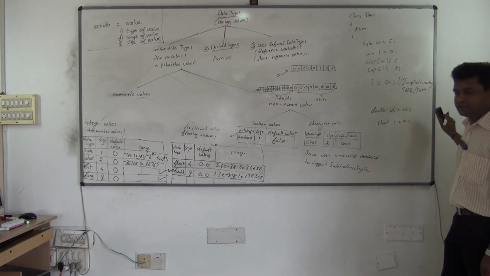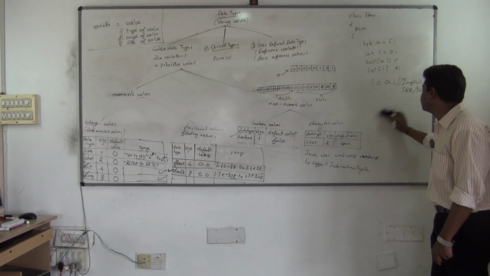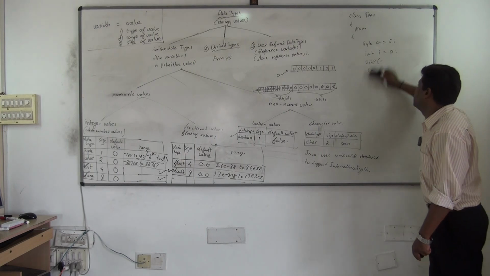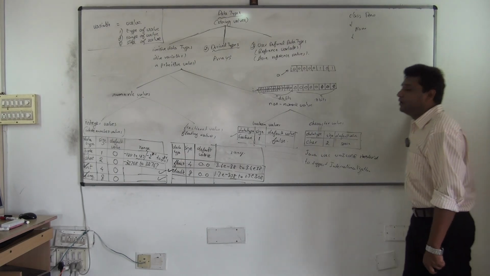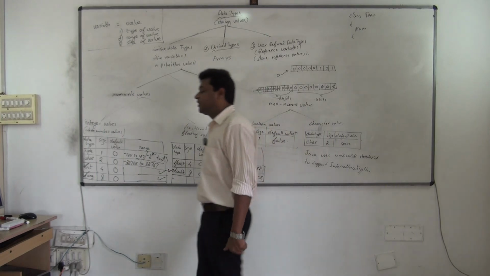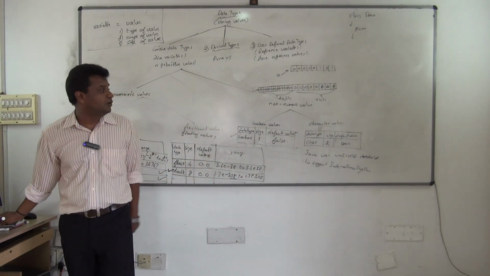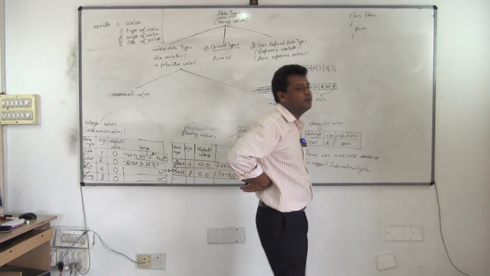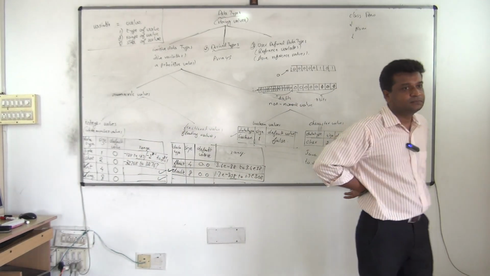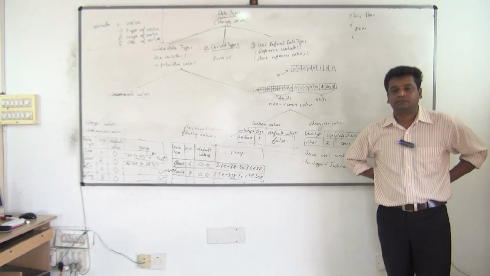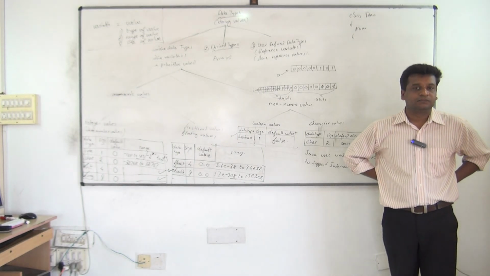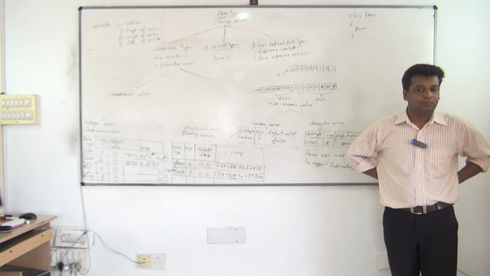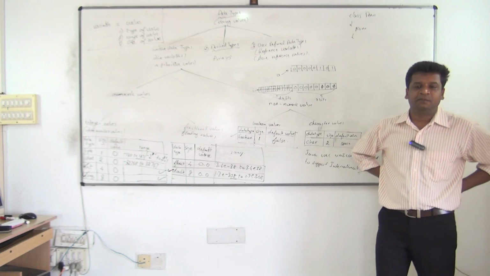Take the next example. Explicit casting. It's a process of converting bigger data type to smaller data type.